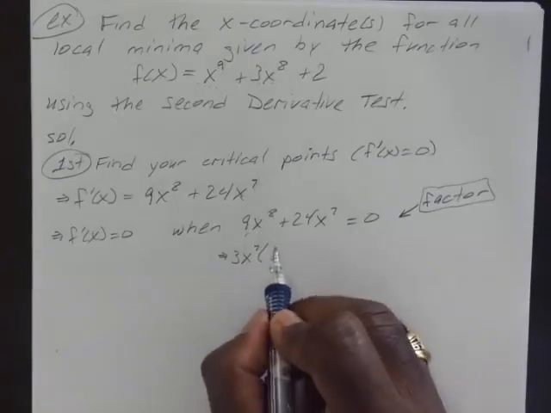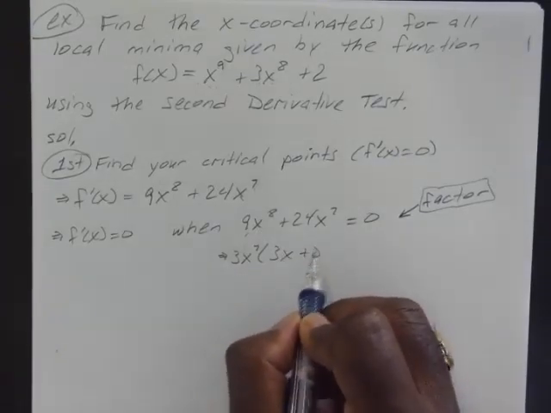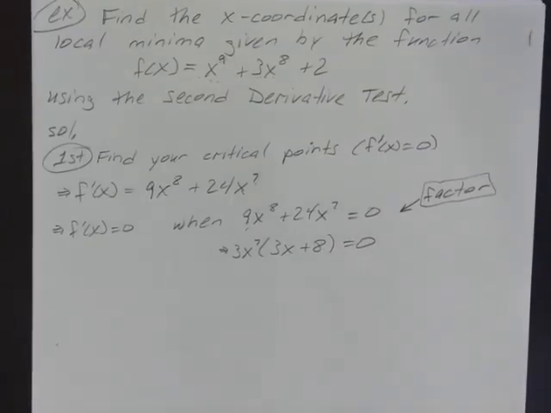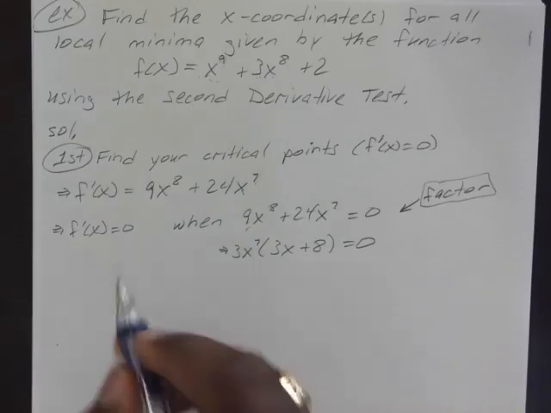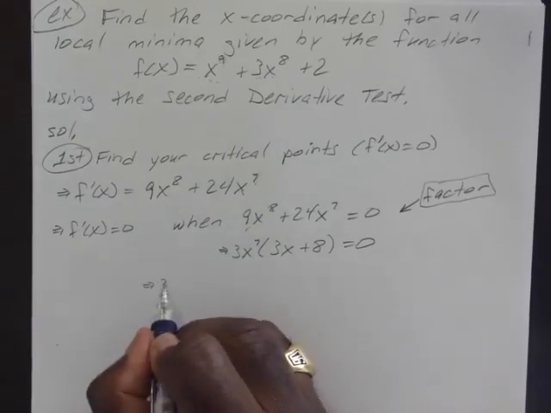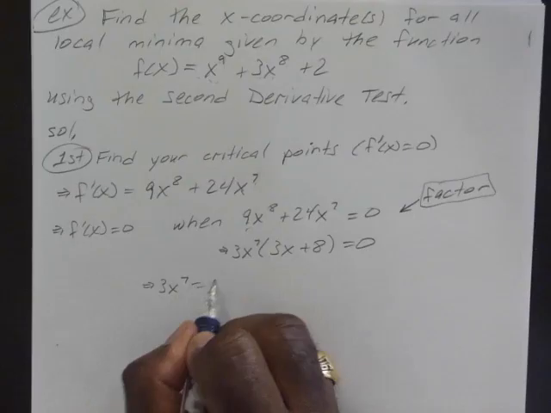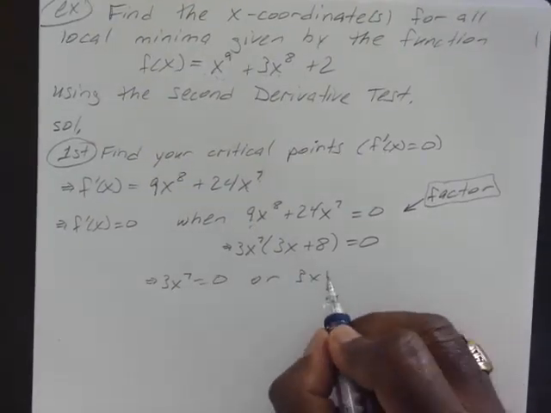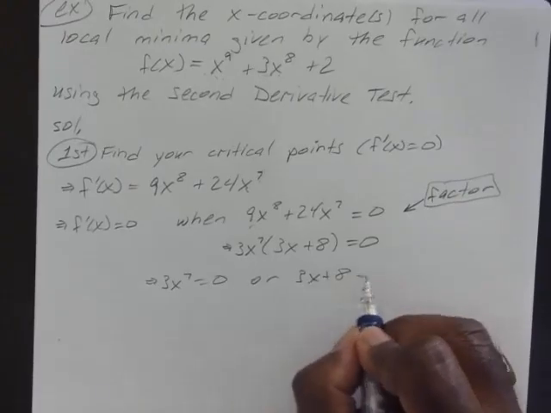That leaves us with 3x plus 8. So this could be true when 3x to the 7th power is equal to 0, or 3x plus 8 is equal to 0.